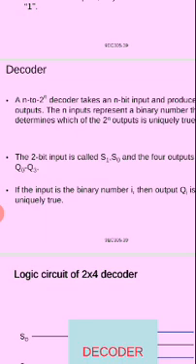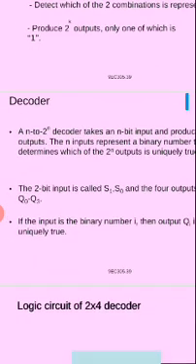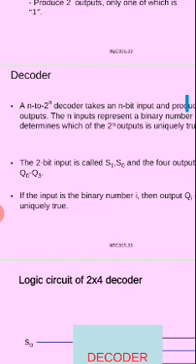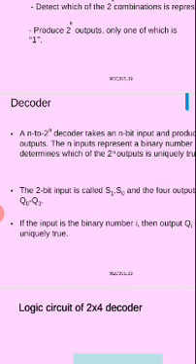Generally, what a decoder does is it decodes the bits. For example, it takes n inputs and gives 2 power n outputs. That is called decoding. Means n inputs are transmitted in the form of 2 power n outputs.